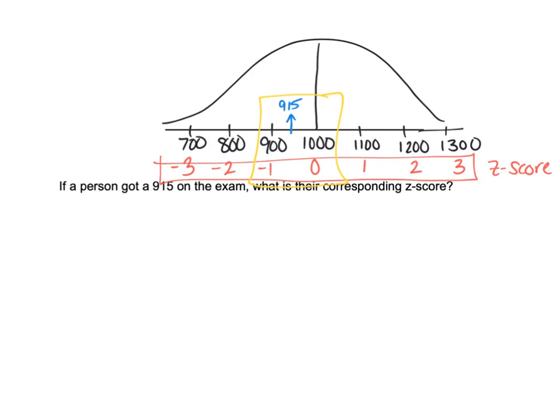And there's a formula to find a z-score. So if I want to find a z-score that doesn't exactly match up evenly, like 700, 800, 900, or anything like that, it would be the data value minus the mean over the standard deviation.